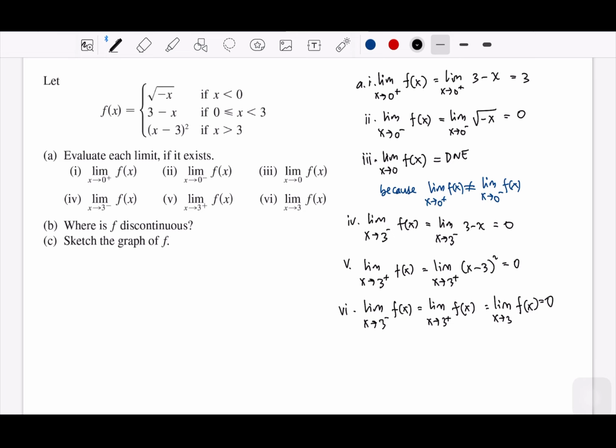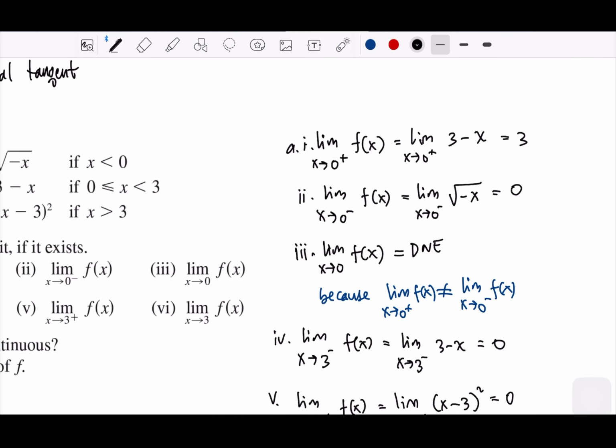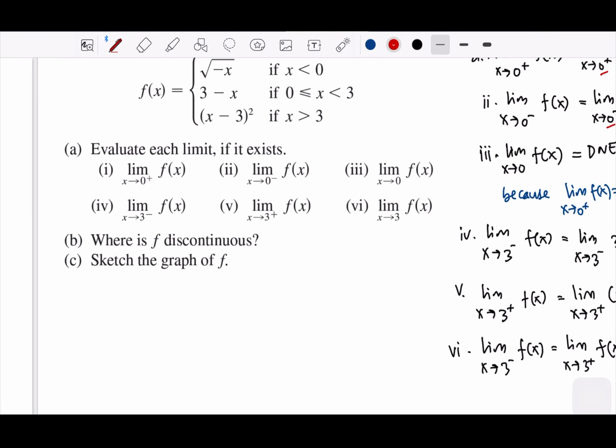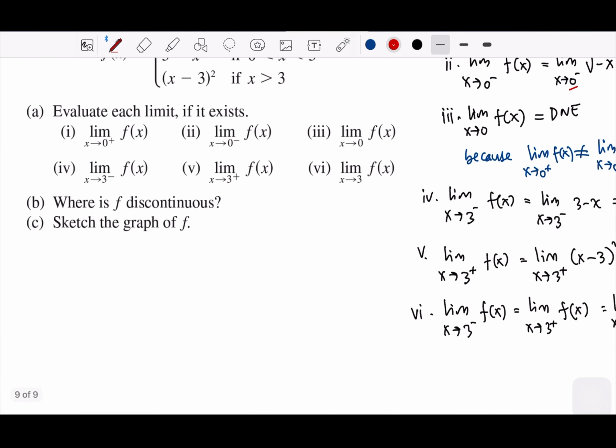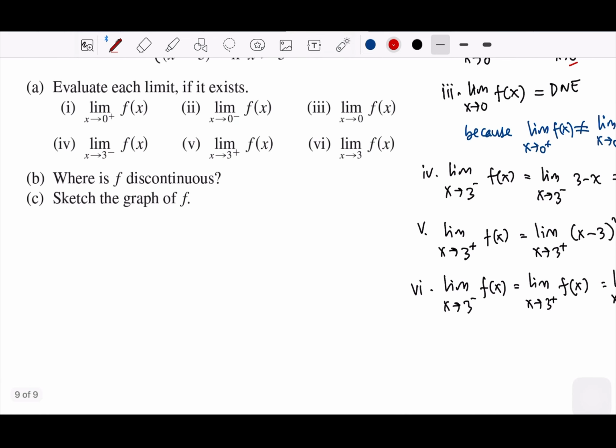Now where is f discontinuous? If we look at the solutions here, f is discontinuous at this 0. If we take some time to sketch the graph also, I will tackle B and C with a single graph, so you can see the answer directly.